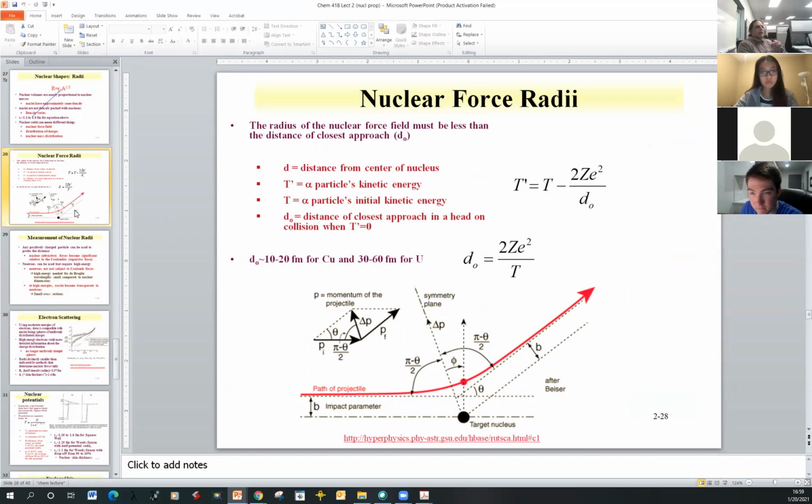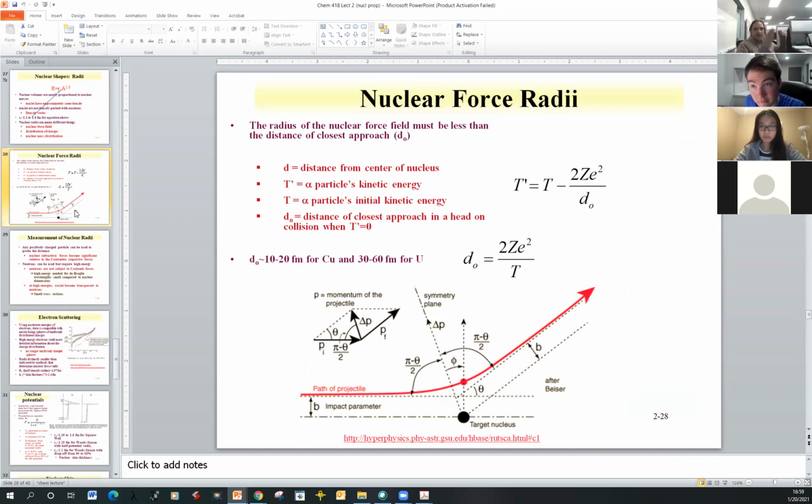Yeah, so if you think about it, the way you would do this experiment is I would take a foil, right? And then I would take an electron source, a particle source, and impinge it upon the foil. And then I would look for this scattering, right?